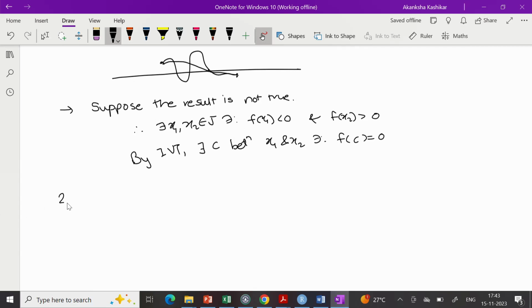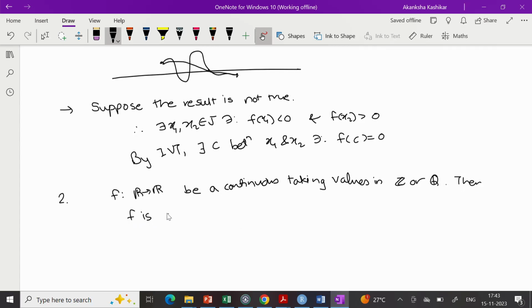Okay, let me go to the second application. Now suppose f going from R to R is a continuous function taking values in Z or Q. Then f must be a constant function.